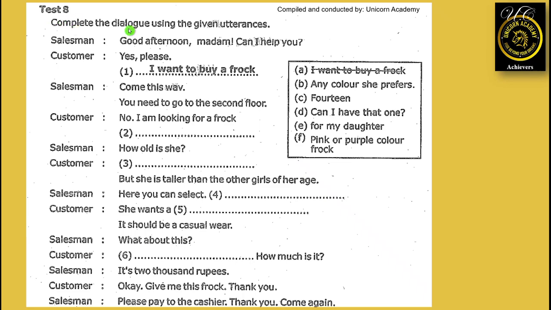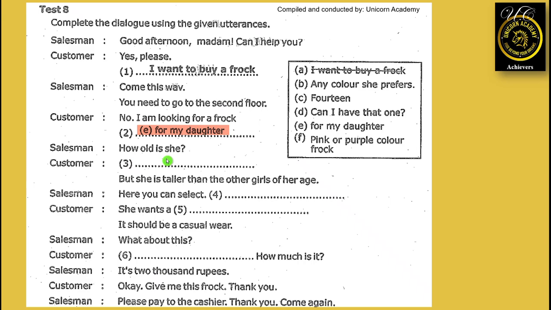Test 8. Complete the dialogue using the given utterances. Salesman: Good afternoon, ma'am. Can I help you? Customer: Yes, please. I want to buy a frock. Salesman: Come this way. You need to go to the second floor. Customer: No, I'm looking for a frock for my daughter.